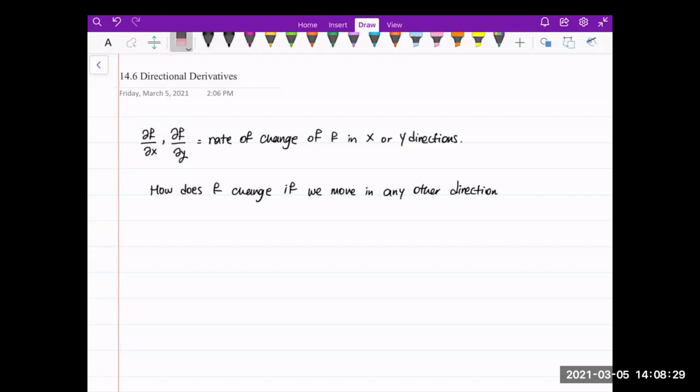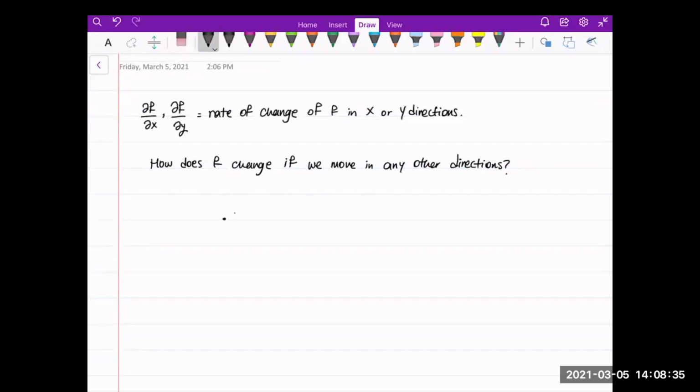So in that case, we say rate of change of f at the point x naught, y naught in the direction of a vector u.